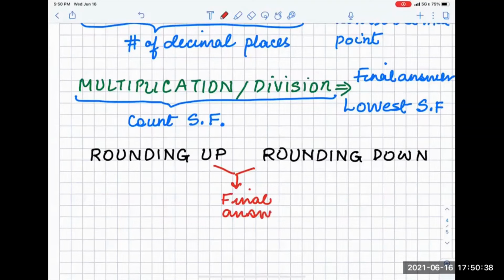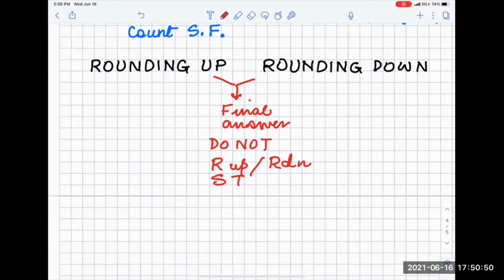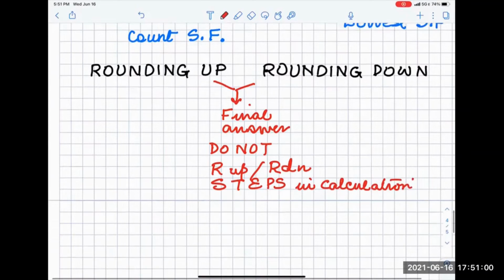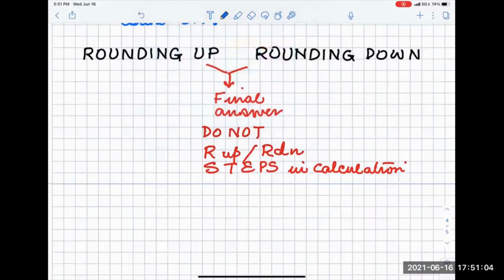So do not round up or round down in the steps in the calculations, because rounding already introduces uncertainty. Some error is coming right there. So don't do it in between the steps.